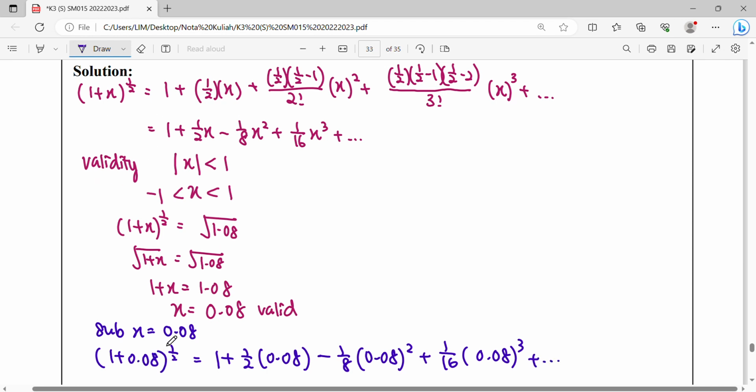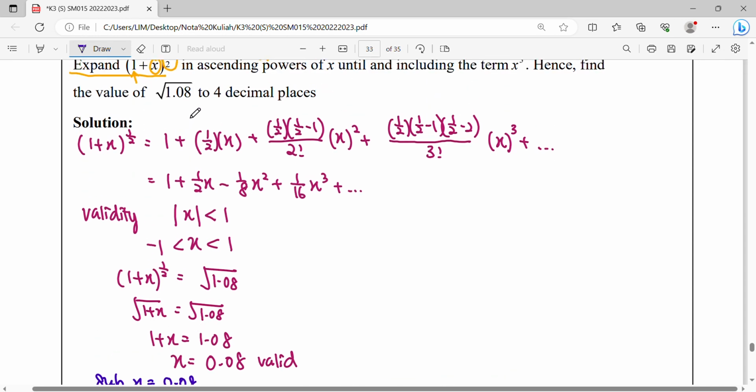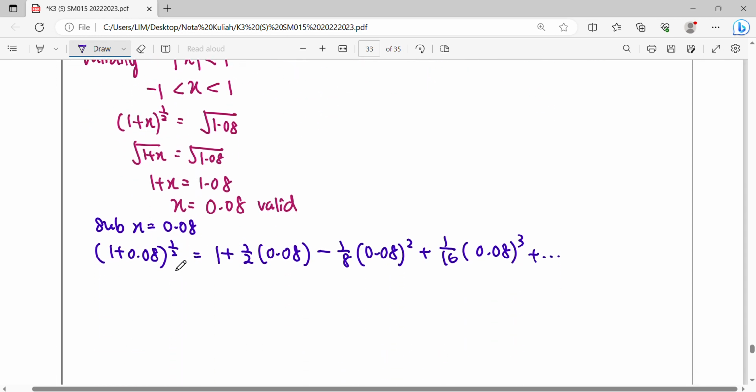For this left hand side, we have to simplify until we get the pattern from the question. So this is the pattern where power of 1/2 is square root, and 1 plus 0.08 is 1.08.